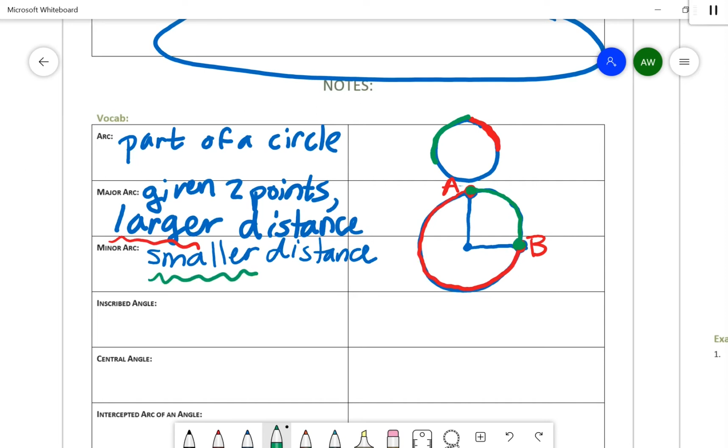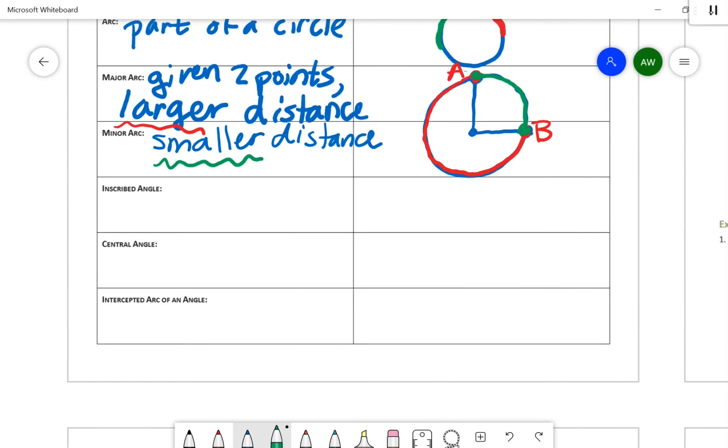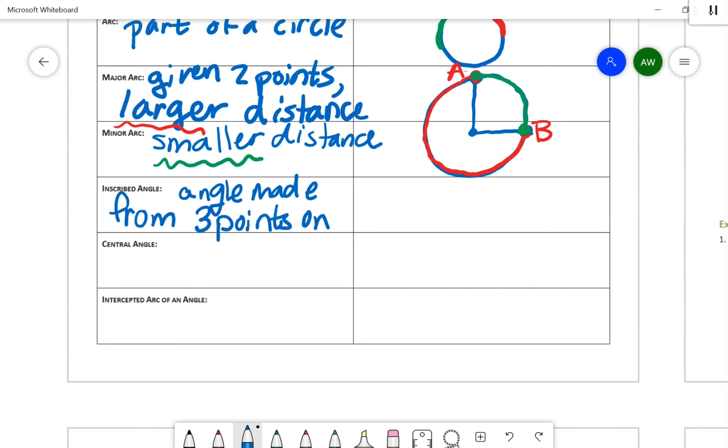Now let's move on to an inscribed angle. An inscribed angle is an angle made from 3 points on a circle. With this angle that I made up in our major and minor arc example, I made the center point the center of my circle rather than being on the circle itself.